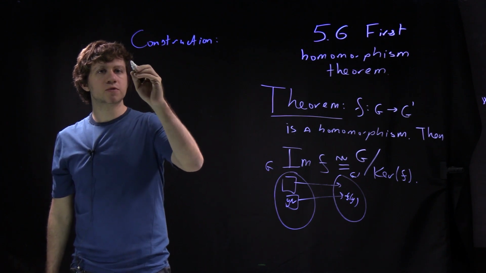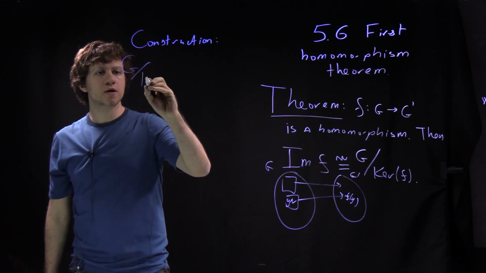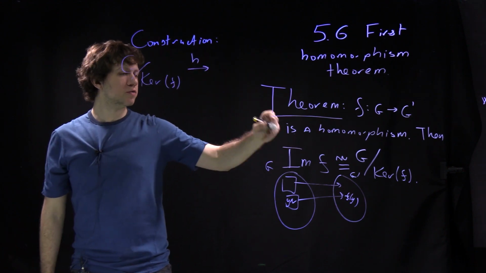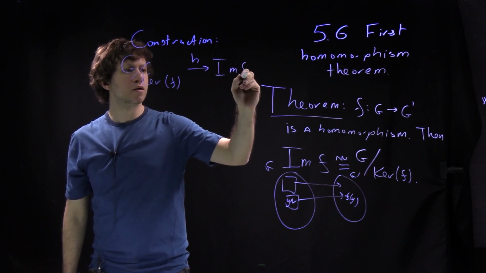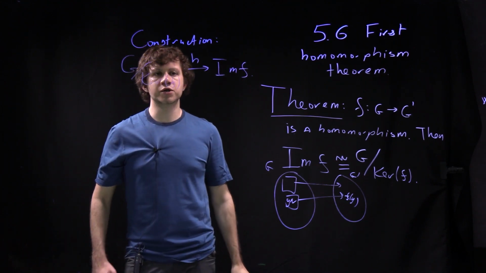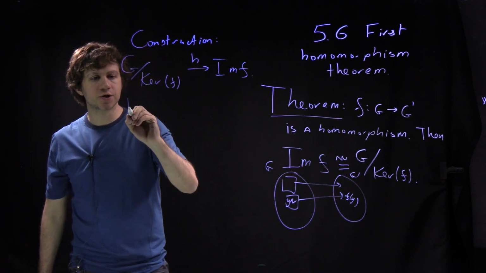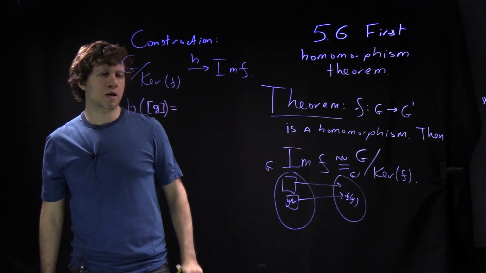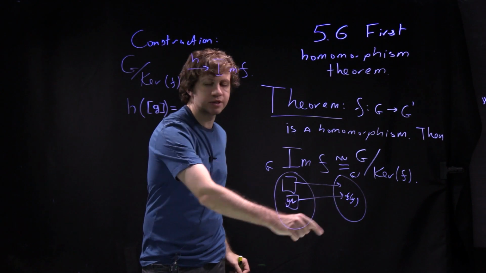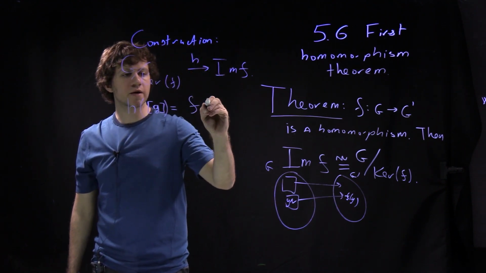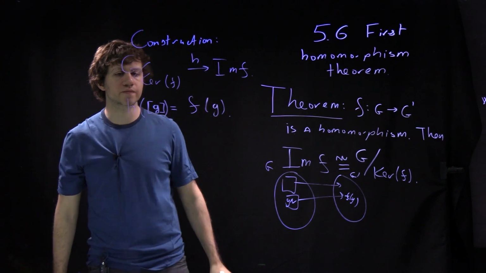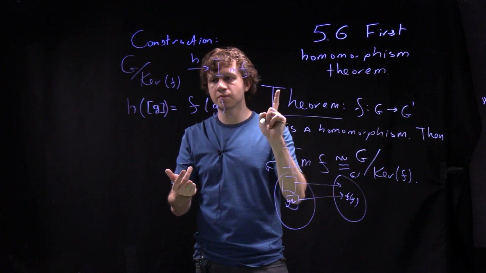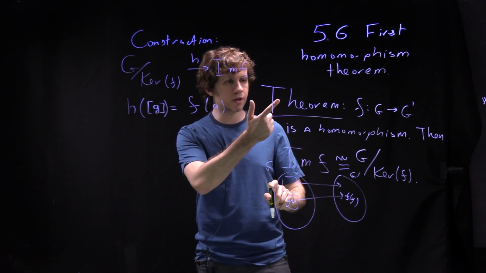So I want to construct a homomorphism h from G factored over the kernel of f to the image of f. And what do I do? I need to take h and apply it to a class of some element. And of course I know this class is gN, so I have to send it to f of g. That's a definition. And then of course the question is again correctness, that h is a homomorphism, and that it is an isomorphism.